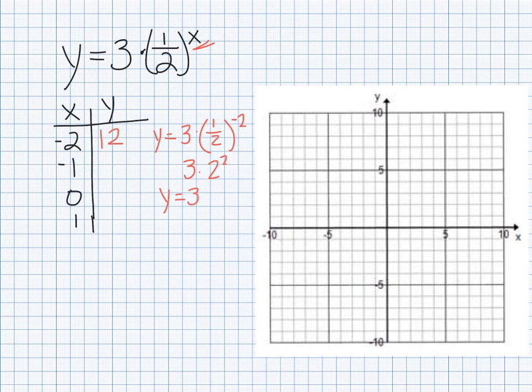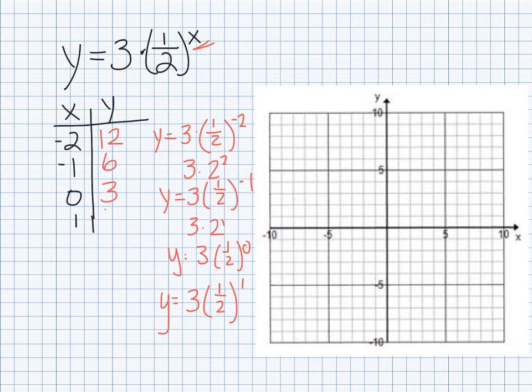Y equals 3 times 1/2 to the -1. That's 3 times 2 to the first, which is 6. Y equals 3 times 1/2 to the 0. Anything to the 0 is 1, so that's just 3. And y equals 3 times 1/2 to the first. 3 times 1/2 is 3 halves, or 1.5.